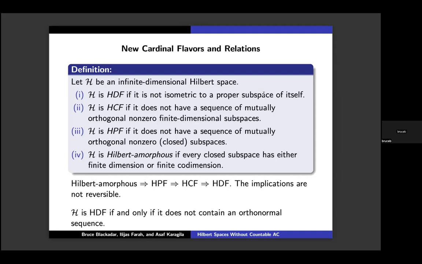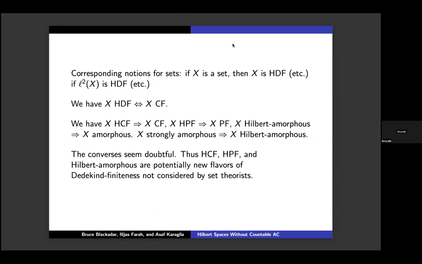So these are the analogs of being CF, PF, or amorphous. And we have some implications here. HDF turns out not to be very interesting, but the other ones we think are potentially quite interesting.